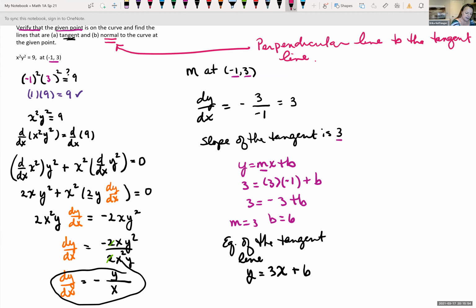So I know that if my slope here was 3, I don't know if you guys remember the upside down capital T meant perpendicular in geometry. So the perpendicular slope, in my case, it's the negative opposite sign and the reciprocal. So taking the reciprocal of 3, I get 1/3. So it would be negative 1/3. So this is my slope of the normal line.